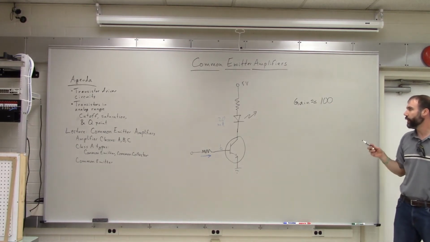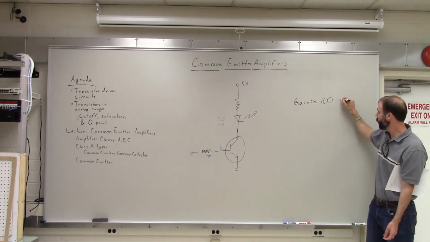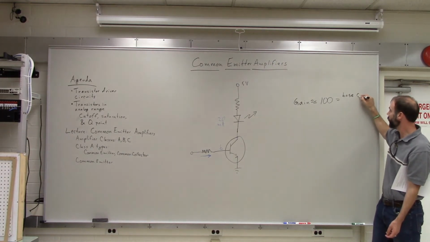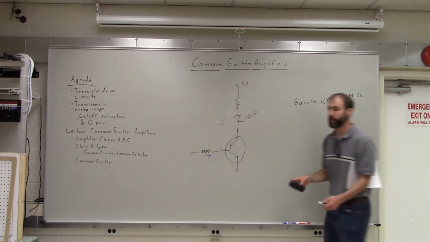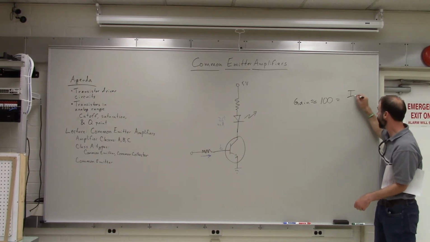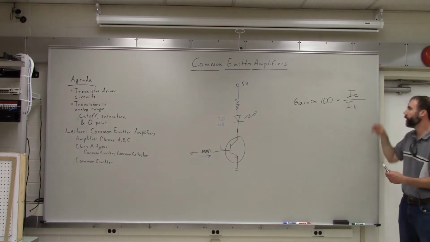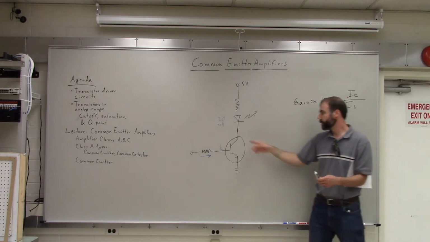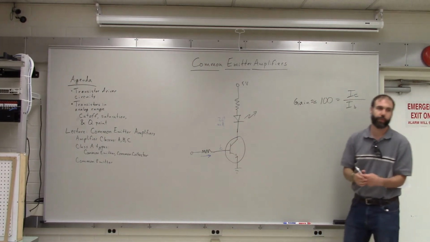So if we know that the gain is about 100, we also know that that's equal to the collector current divided by the base current. We can call that IC, collector current, over IB, the base current. So the collector current is going to be 100 times bigger than the base current. So if we know what the collector current is, we can figure out what the base current should be.